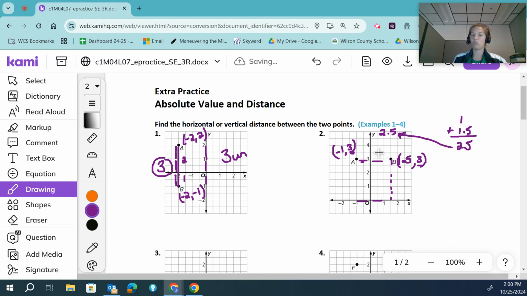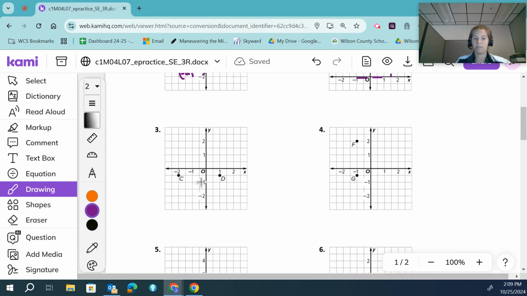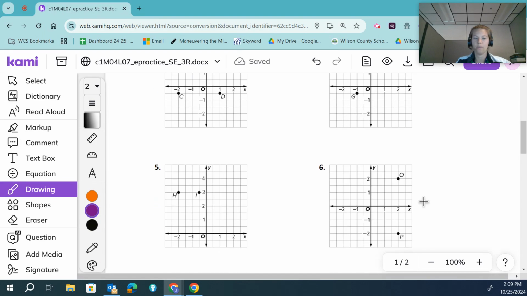Now, sometimes you may not be given a graph, and so adding or subtracting, and we'll see an example of subtraction in just a second, may be an easier option. When they are on opposite sides of the axes that we're finding distance between, we use the absolute value and we add them together. Number 3 and 4 are similar, so you could try those on your own.